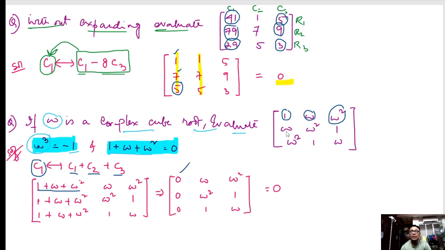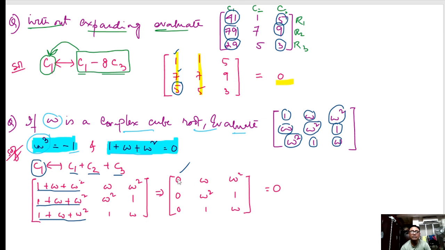Similarly, omega plus omega square plus 1. So we are doing C1 plus C2 plus C3 and put it in the first column. Similarly, omega square plus 1 plus omega, add all of them and put it in the first column. And now all these values are 0, as you can see.